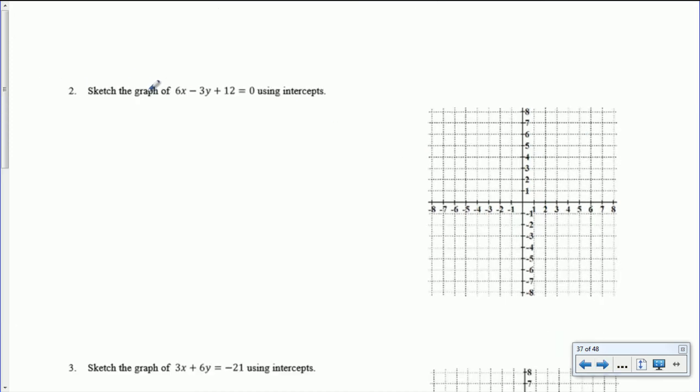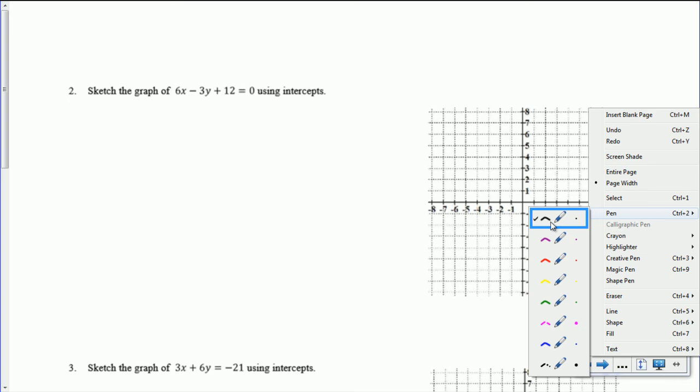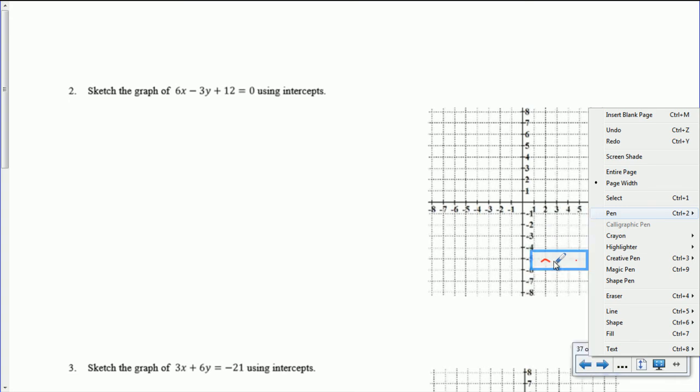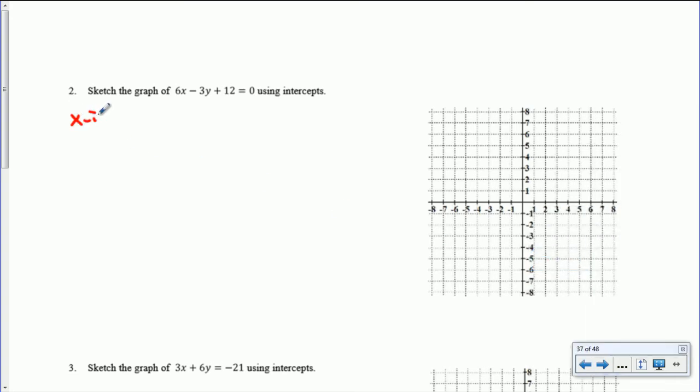Okay, next we're going to sketch the graph of this one using intercepts. So same procedure. Let's start with the x-intercept. What's the value of y here? 6x minus 3 times 0 plus 12 equals 0.